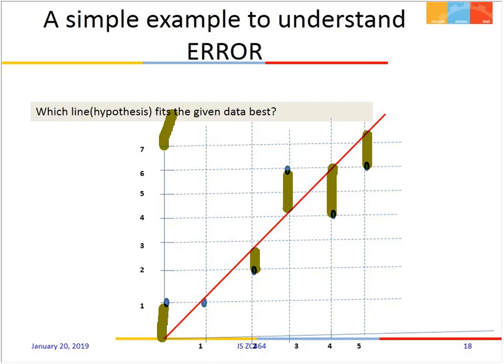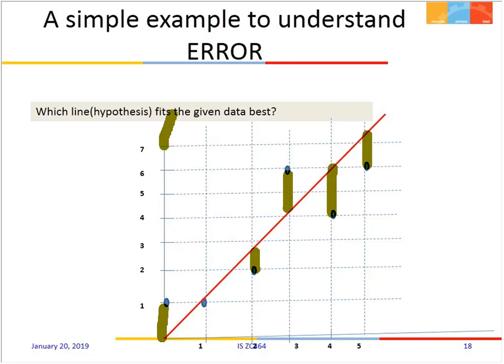So for the blue dots, y value, what is it? This is actually the actual output value, right? All of you agree with this? This is the actual output value of each data.